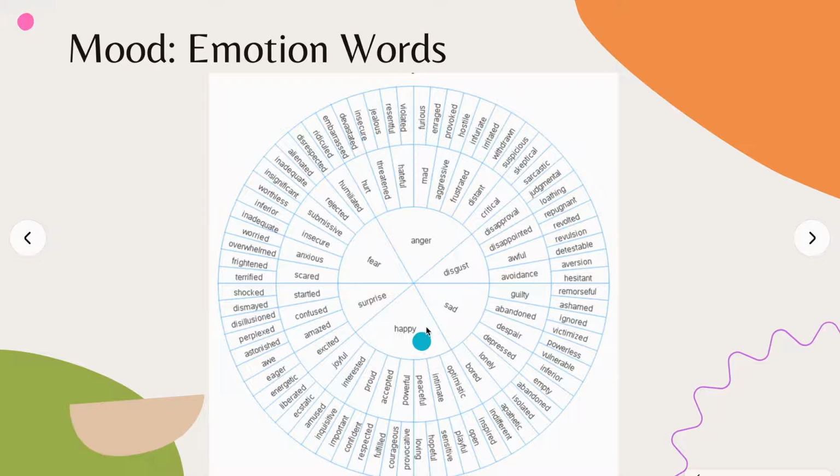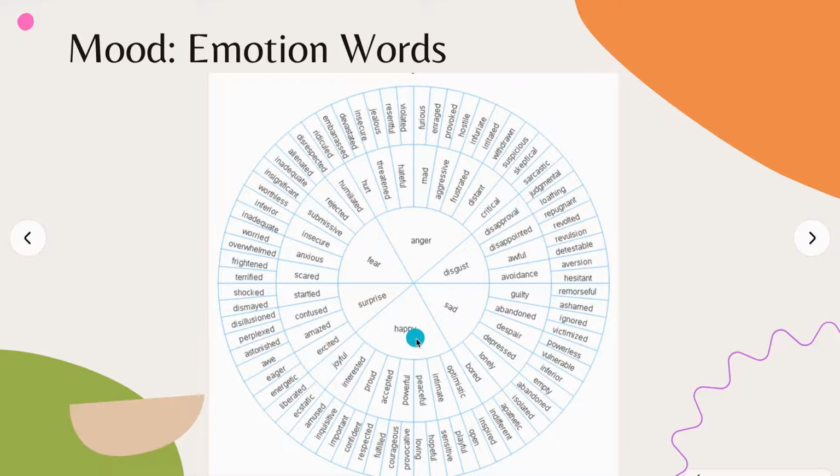You'll notice that if we start with an inner core word like happy, which is more general, and we move to the second layer of words, that all of these words are synonyms of happy.